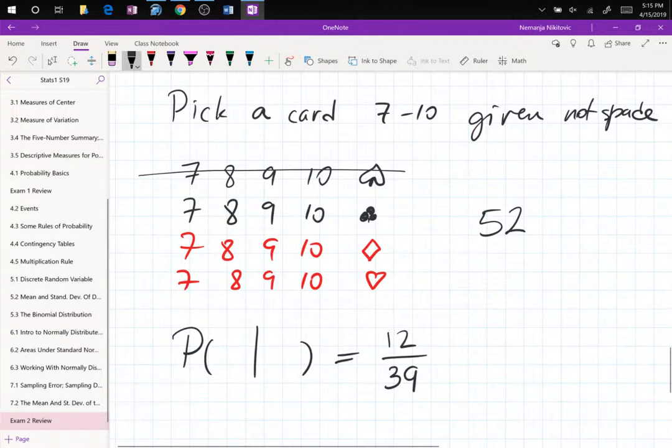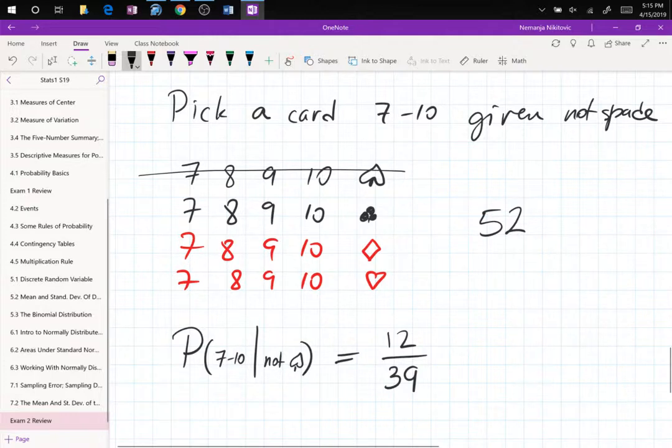Given that it's not spade. You draw an upside down heart. There we go. And what should I put here? I don't know, 7 to 10, whatever.